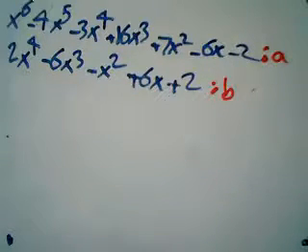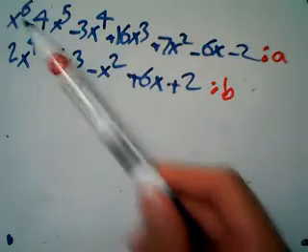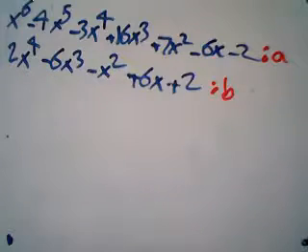Okay, now let's calculate it using the two linear combinations like the previous example. Here the degree of this is 6 and this is 4.